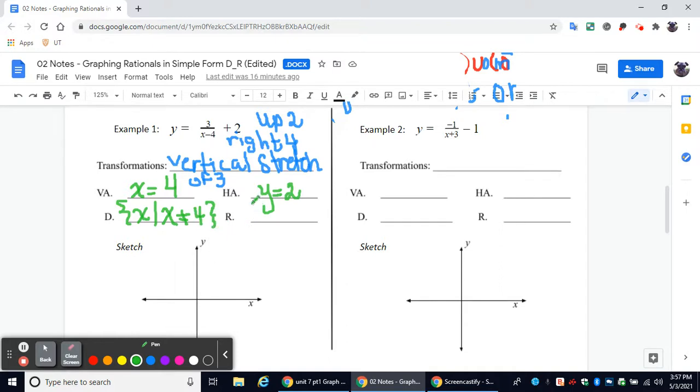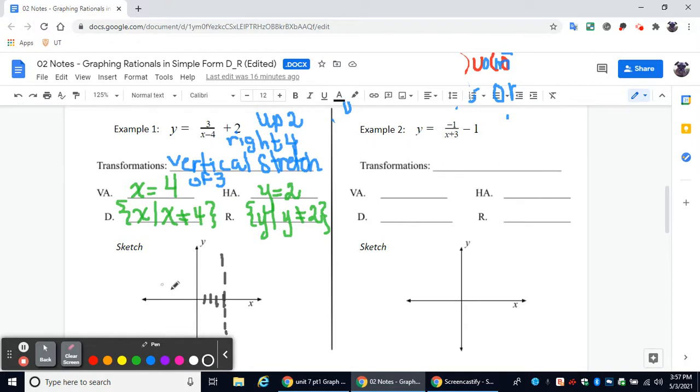And the same thing for the range. We should have all real numbers except for the horizontal asymptote. And as you can see, we have a horizontal asymptote at 2, so our range is all real numbers except 2. So just to sketch this out a little bit, we can put 1, 2, 3, 4. Our vertical asymptote moved to the right 4.